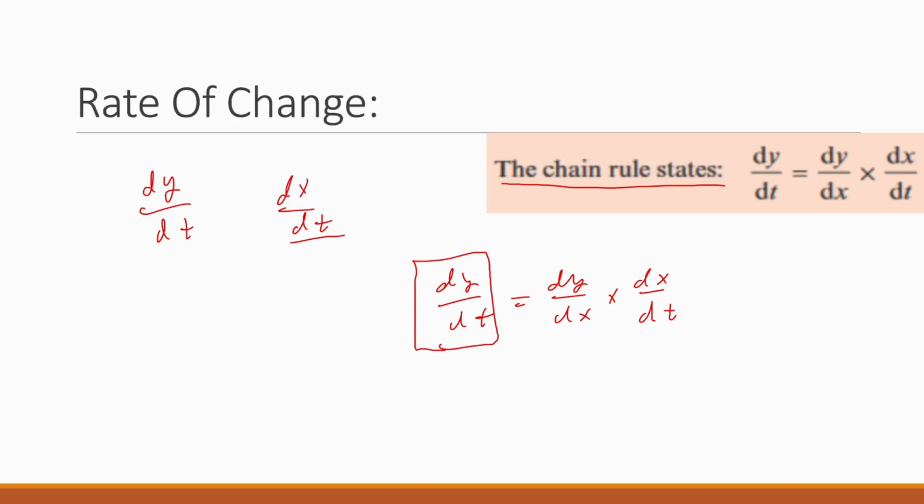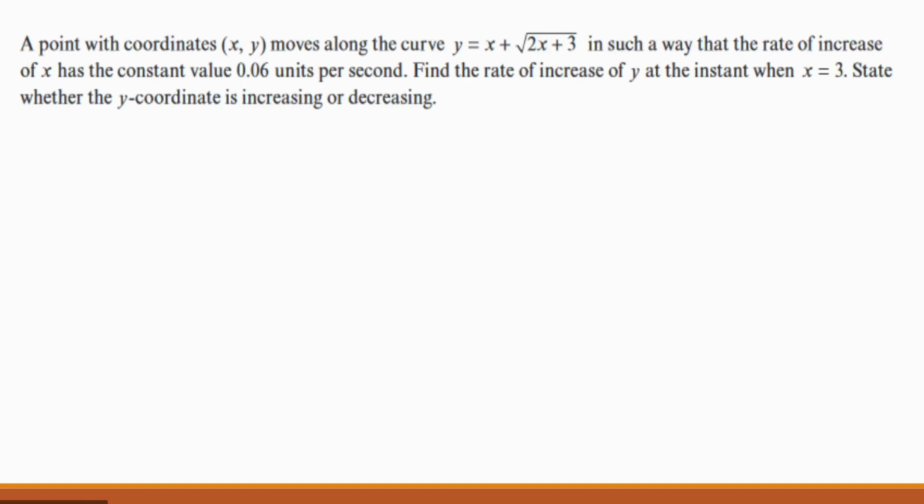Alright, now let's solve the question. Alright, so here we have the question. A point with coordinates x, y moves along the curve. Let me write the curve over here, y = x + square root of (2x + 3), in such a way that the rate of increase of x has the constant value 0.06 units per second.